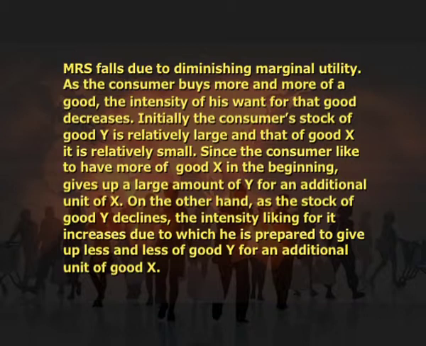Since the consumer would like to have more of good X in the beginning, he gives up a large amount of Y for an additional unit of X. On the other hand, as the stock of good Y declines, the intensity of liking for it increases, due to which he is prepared to give up less and less of good Y for an additional unit of good X.